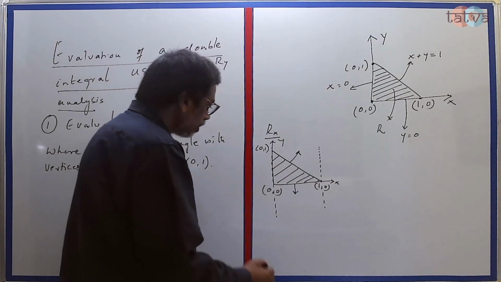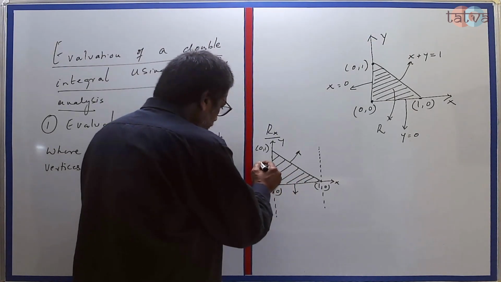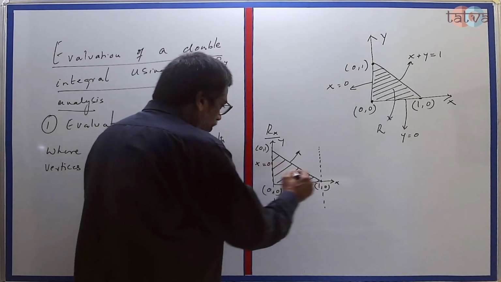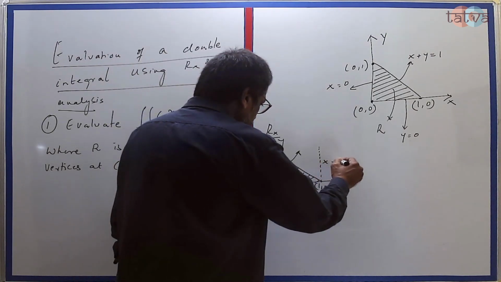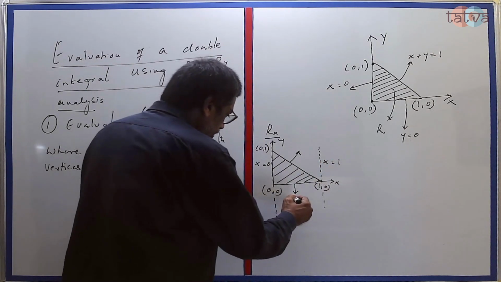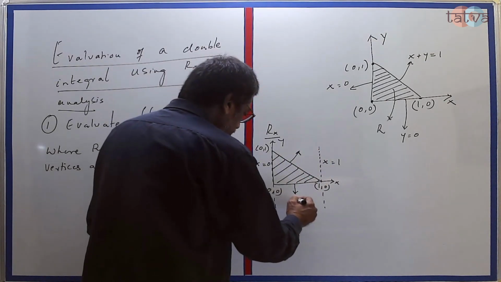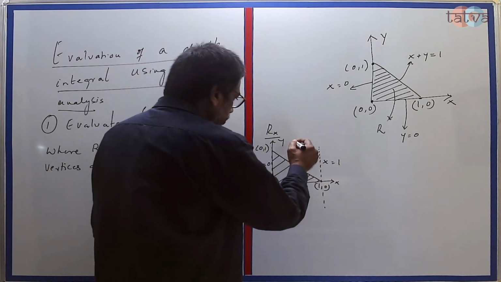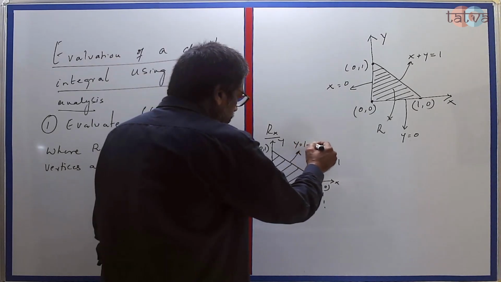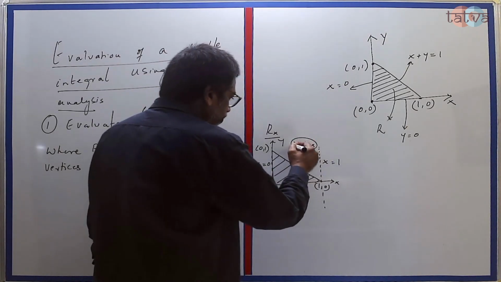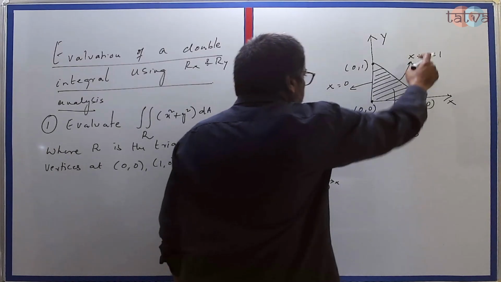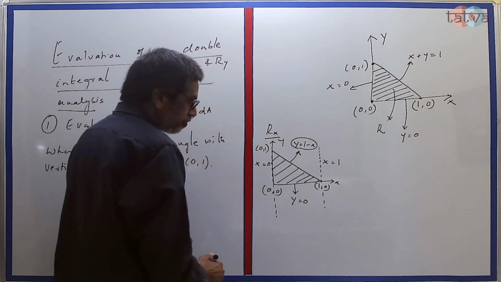So let me now write all the details. x is equal to 0 to x is equal to 1, those will be the constant limits. y is equal to 0 to y is equal to 1 minus x. This is coming from this equation, writing y as a function of x.